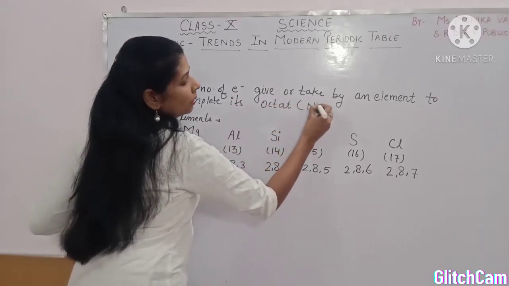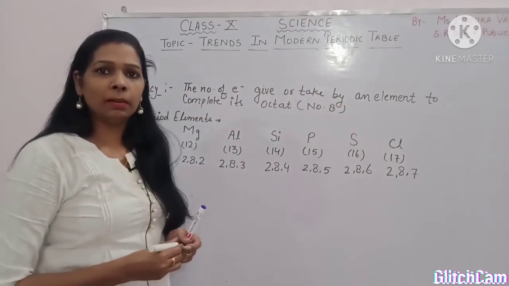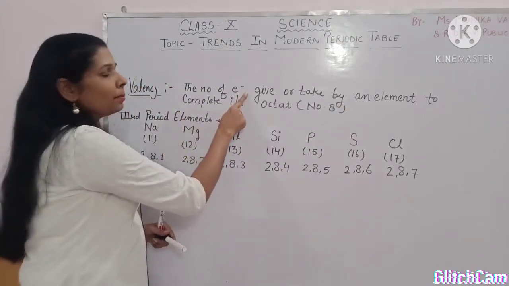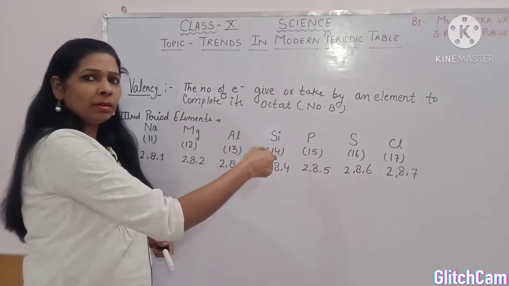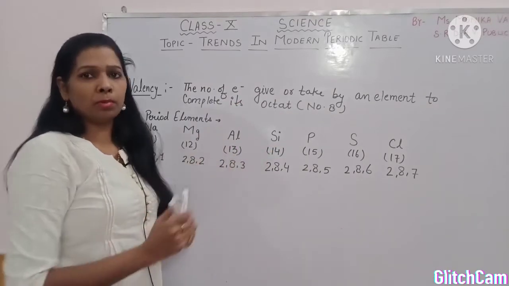Octet means 8 electrons in the outermost shell. So valency is the number of electrons given or taken by an atom to complete its outermost shell.